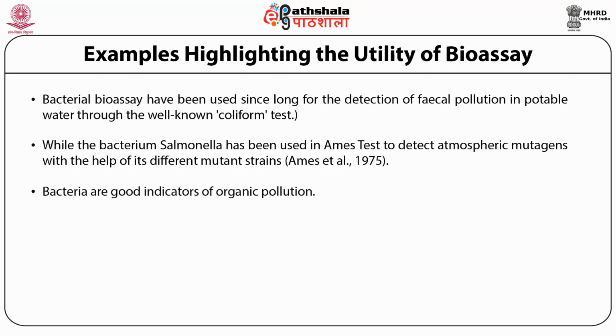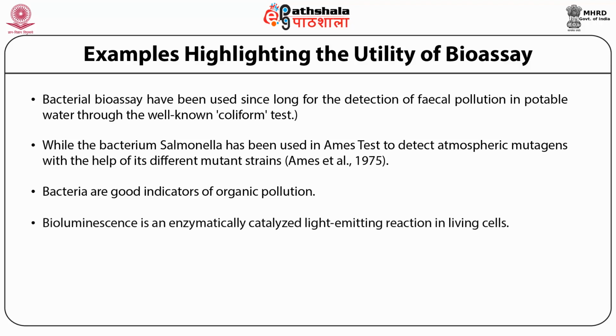Bacteria are good indicators of organic pollution. The phenomenon of bacterial bioluminescence has been used as an indicator in the analysis of atmospheric gases and other compounds like formaldehyde, ethyl acetate, etc.